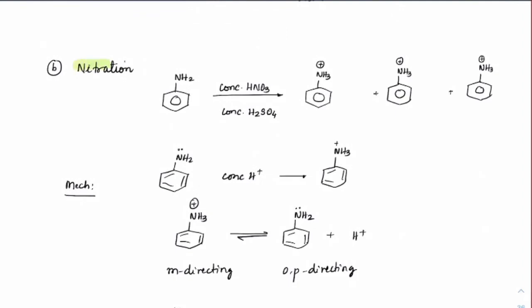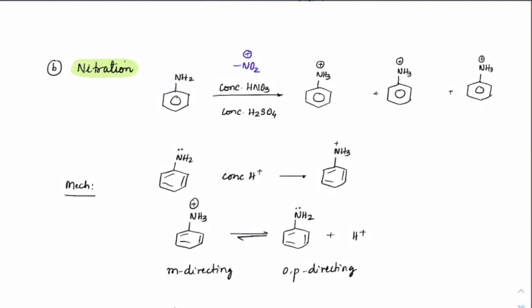Next, nitration. When you treat with concentrated HNO3 to generate the NO2 plus electrophile, before it can even react on any part of benzene, we have concentrated H2SO4 in the solution, which makes this aniline, although it is a poor base, get protonated.